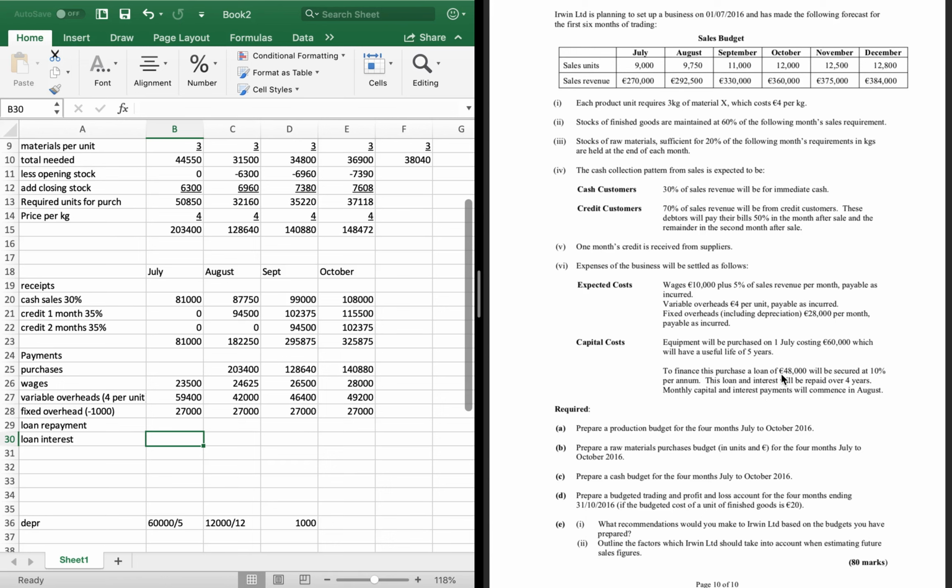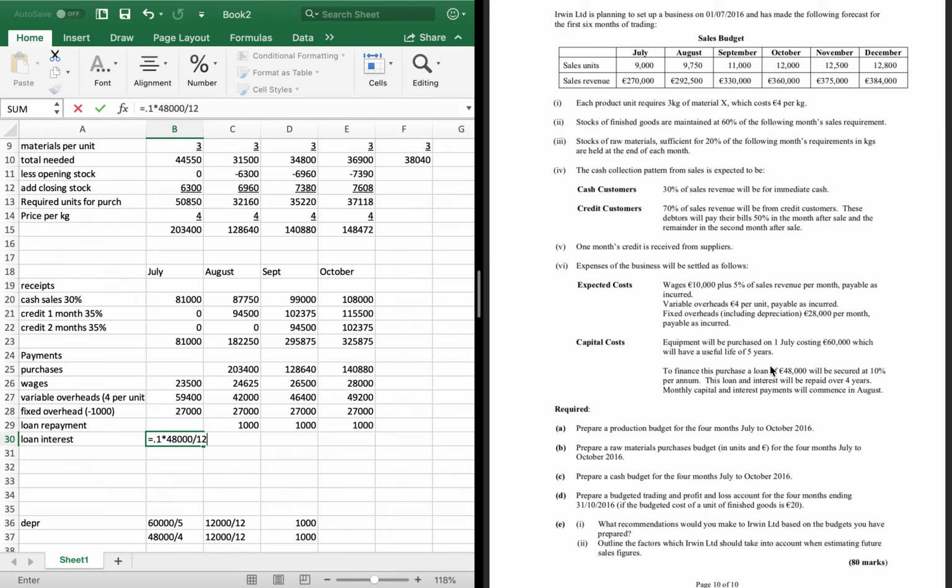So 48,000 paid back over 4 years. Again, follow the same process. 48,000 divided by 4 means you're paying back 12,000 a year. 12,000 divided by 12, you're paying back 1,000 capital per month. So you're paying back nothing in July. You're paying back 1,000 in August, 1,000 and 1,000. So the loan interest then, for the first month, it'll be 10% of the 48,000 divided by 12.